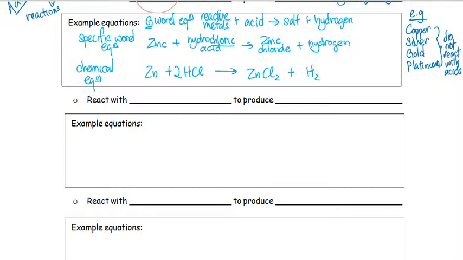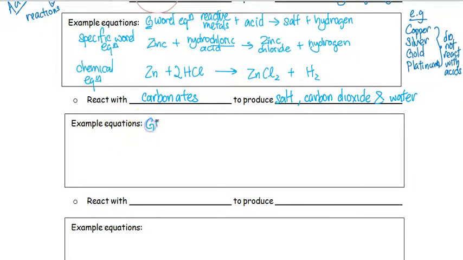Next up, your acids will also react with your carbonates. What does it produce? It produces salt, carbon dioxide, and water.